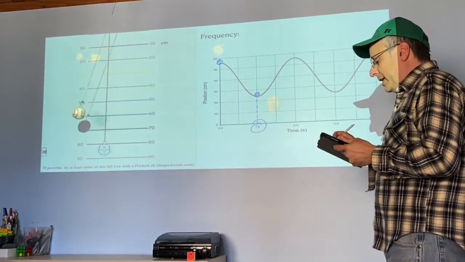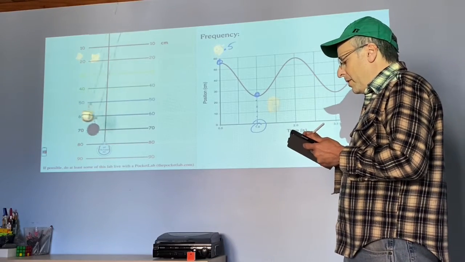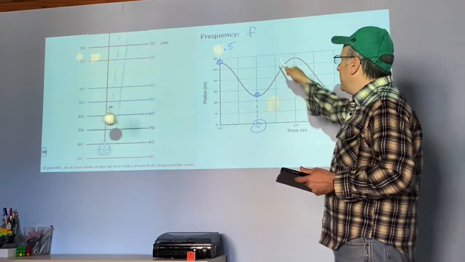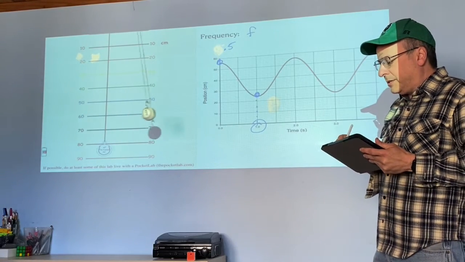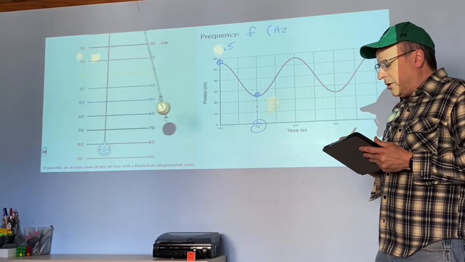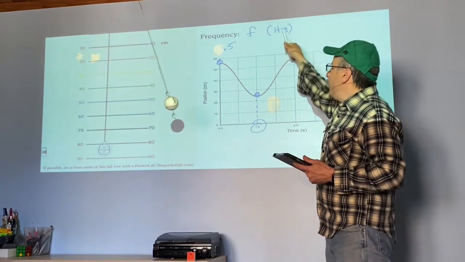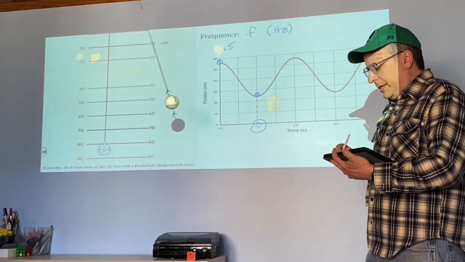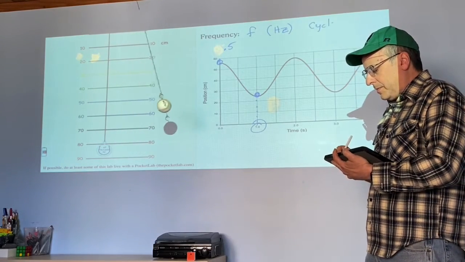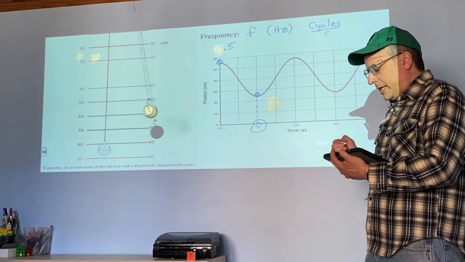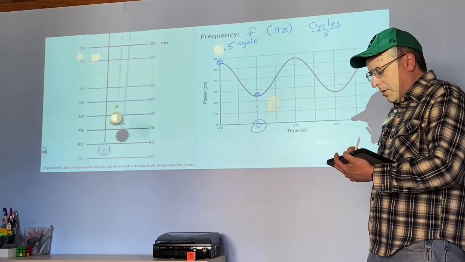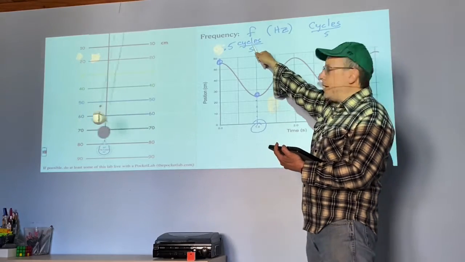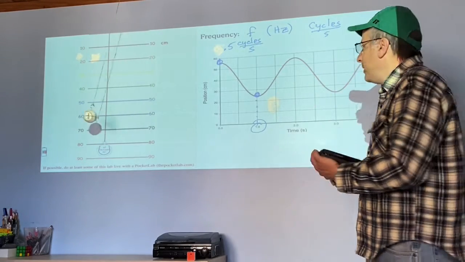So the frequency here would be 0.5. Frequency goes by the letter little f. Don't make a capital F. That's force. And it's measured in hertz. And what hertz means is simply cycles per second. So this would be 0.5 hertz or 0.5 cycles per second. It's that easy.